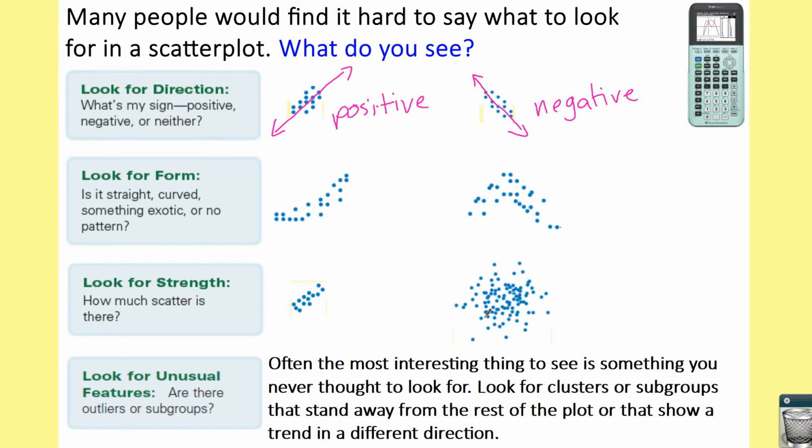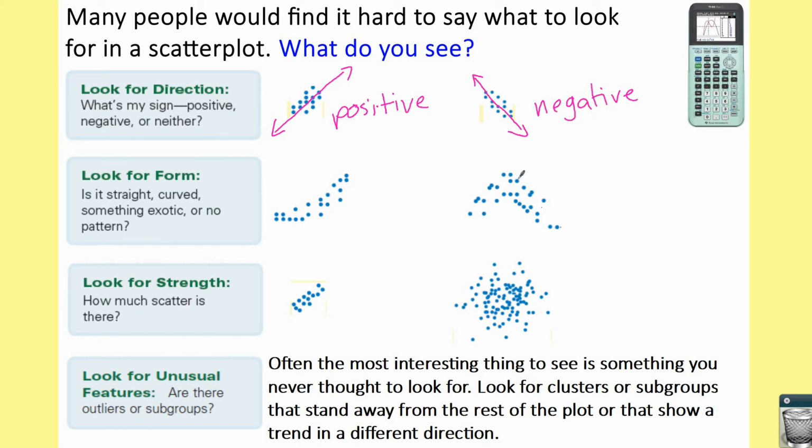Okay, sorry. All right, so for the unusual features, you want to look for your outliers, things that don't make sense. It helps to look for things that point out weird stuff.